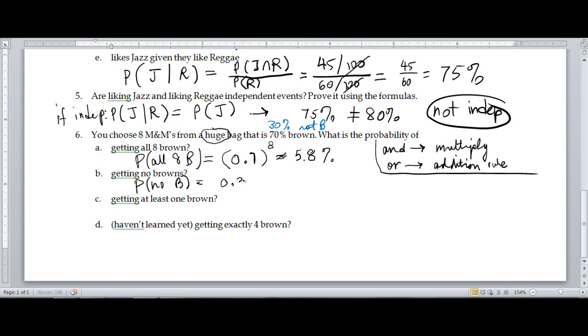Second one being not brown, 30%. Third one being not brown, 30%, and so on. So it's like multiplying 0.3 eight times. It's to the 8th power. And when we do that, plug this into your calculator. My calculator tells me 6.561 e to the negative 5.